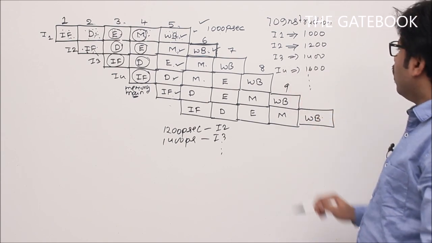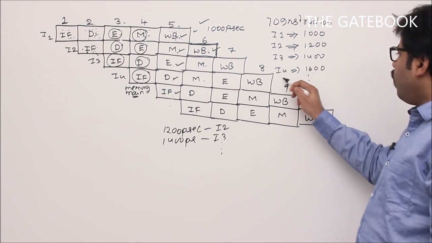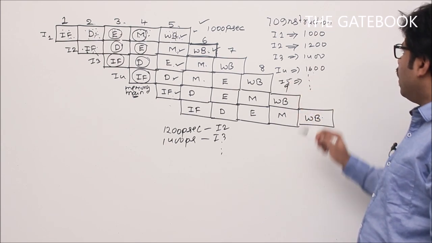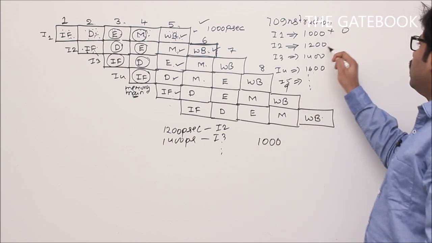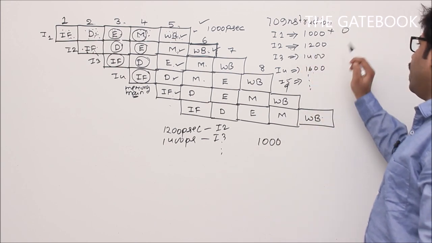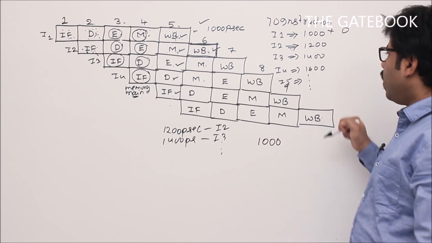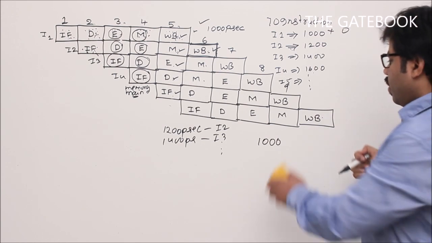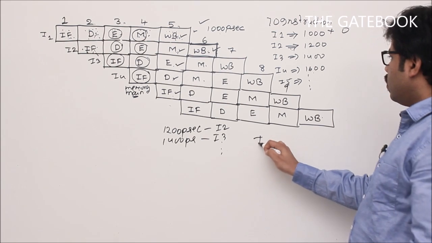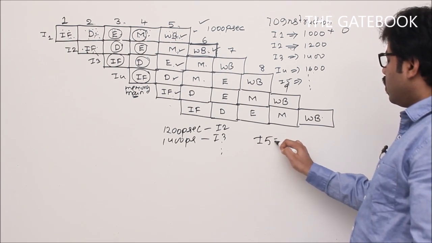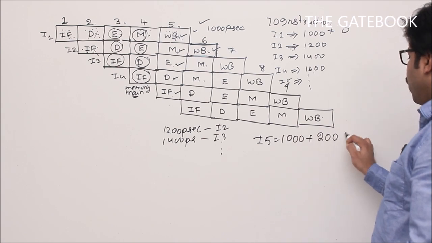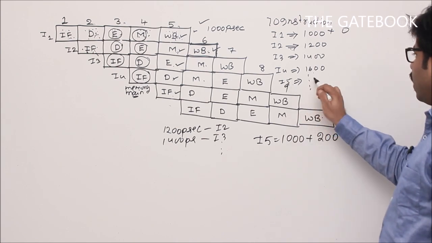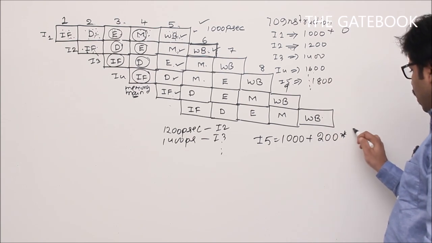Can I say like this? First one is 1000 plus 0. Second one is 1000 plus 200. Third one is 1000 plus 2 into 200. So finally I5 is 1000 plus 4 into 200. You just check it out. I should get 1800. Can I say that for 9?